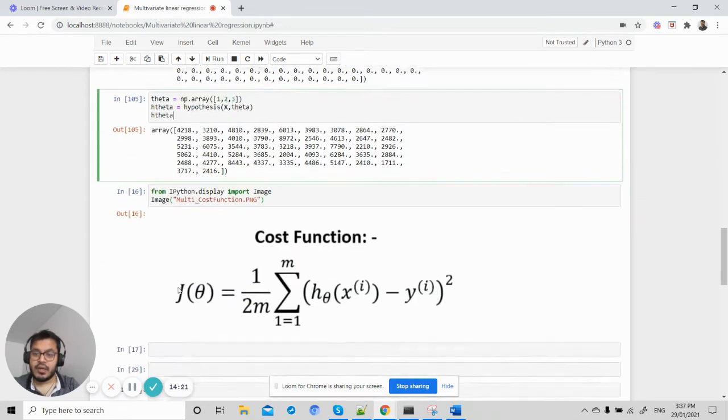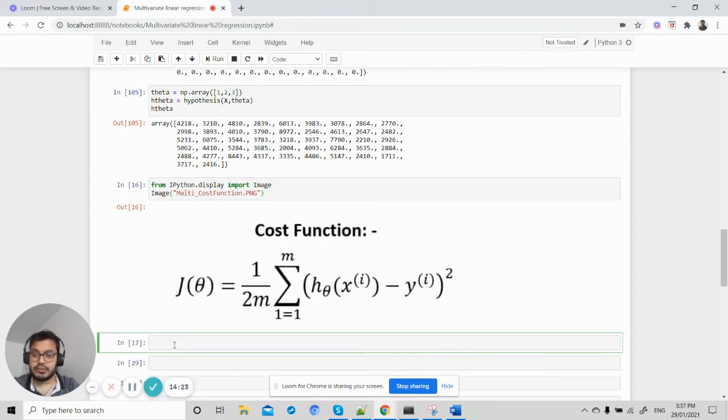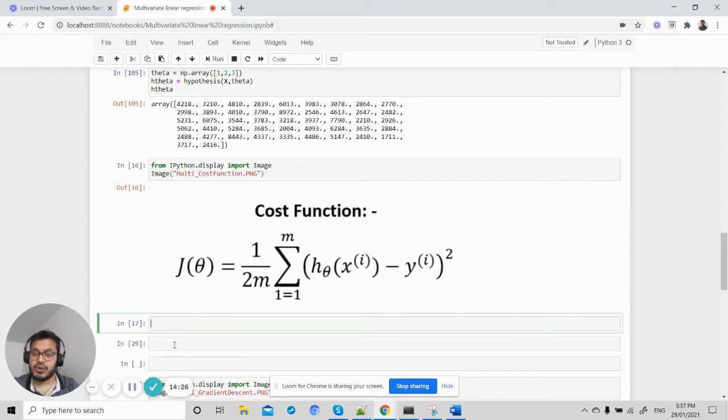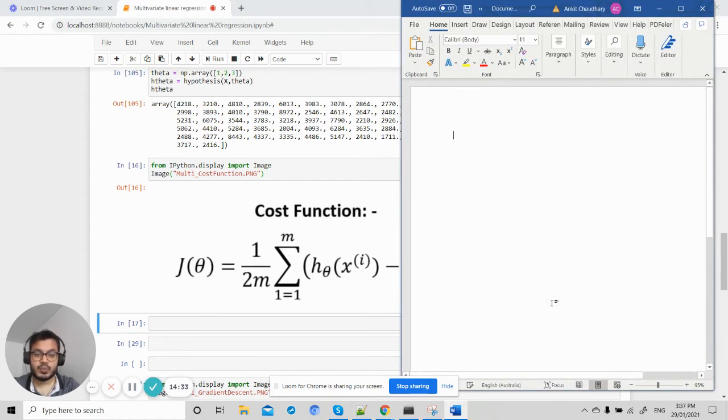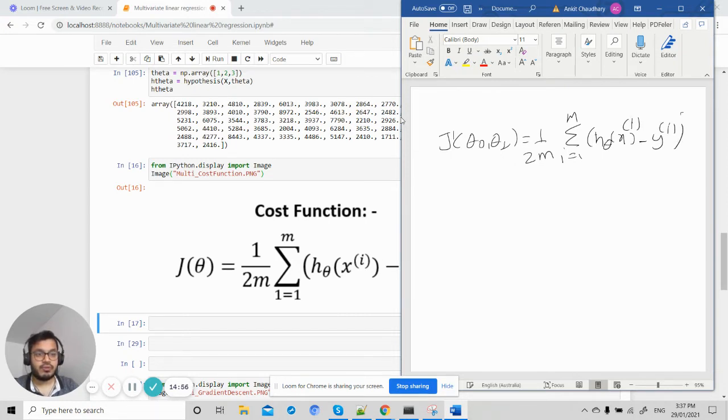Now let's work on generating the cost function. The cost function is our error on the model, how much error we got. So let's write this equation. In univariate linear regression, we only had two parameters, theta naught and theta 1, and this was equal to 1 by 2m, sigma i equals 1 to m, of h theta of x of i minus y of i, whole squared.